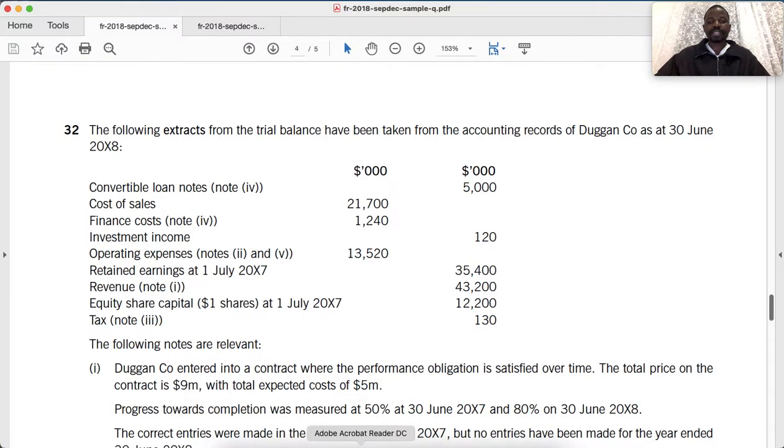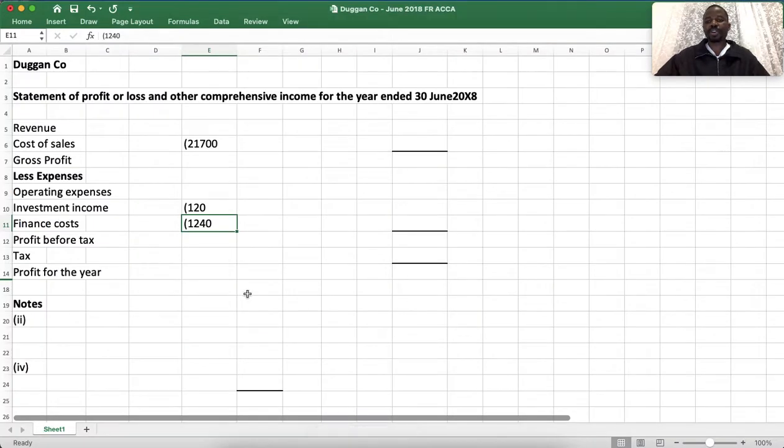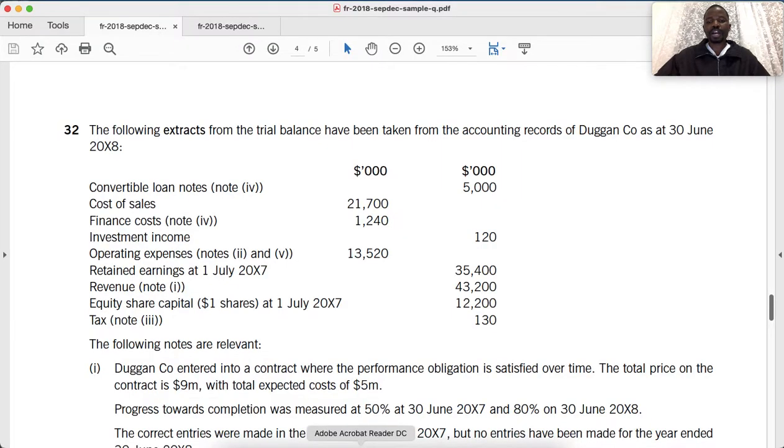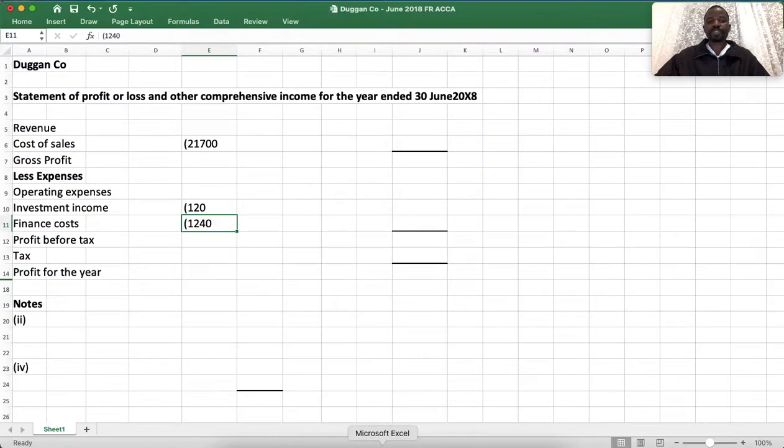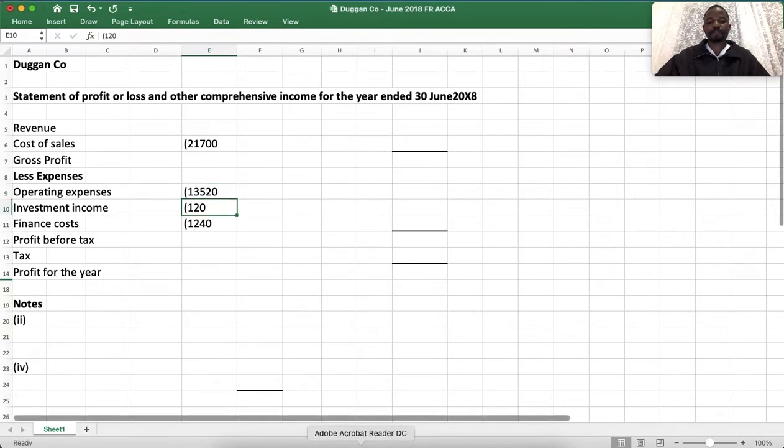Let's go again. Operating expenses. Expenses go through the statement of profit or loss. How much was it? 13,520. So we come to our statement of profit or loss, we say 13,520 like that.